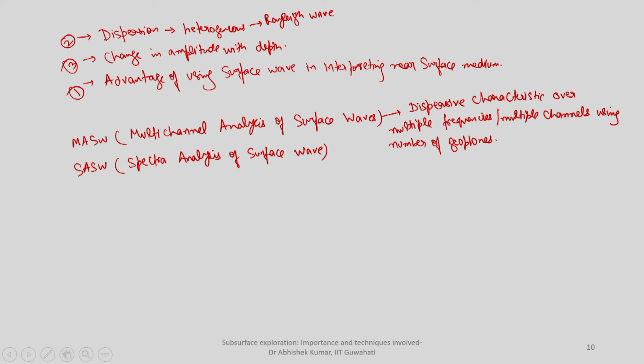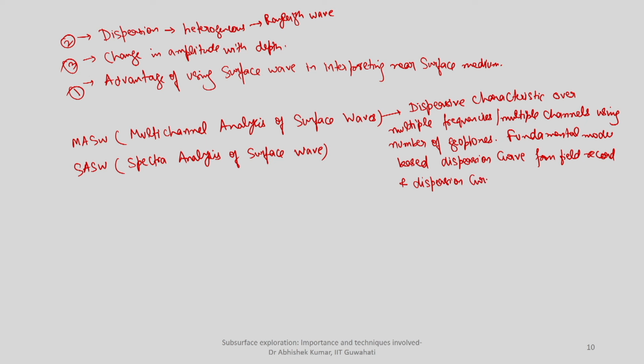That is how you will be able to identify, based on your signal to noise ratio, which is the fundamental mode based dispersion curve from your field record, and what are the dispersion curves at higher modes.